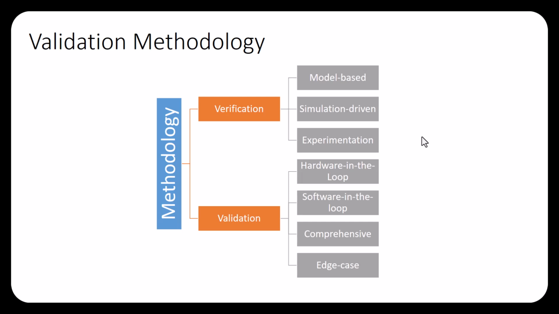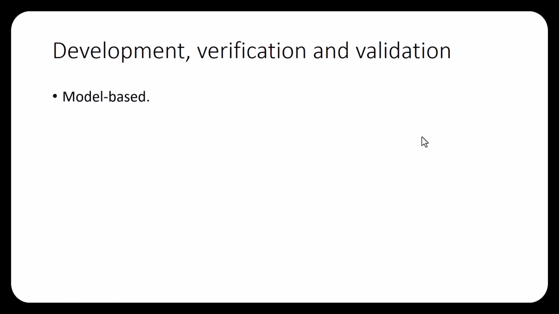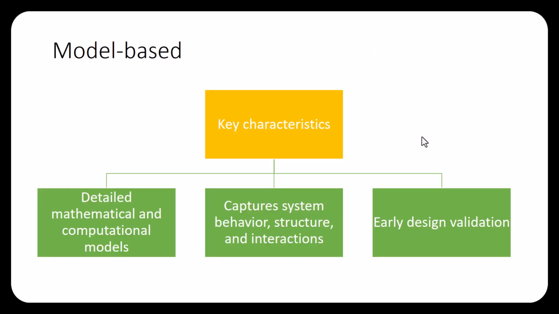And when it comes to validation of these verified designs, it can be done as hardware in loop, or shortly called HIL, software in loop, shortly called SIL, comprehensive edge case. I also gave you the definition of what is comprehensive, what is edge case, what is software in loop, and hardware in loop. Now, in development, verification, and validation, there are three ways basically: model based, simulation driven, and experimentation. And initially, we saw model based, what are its key characteristics.